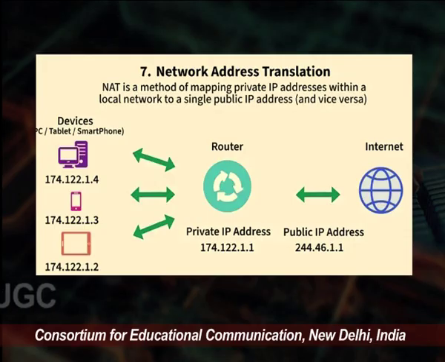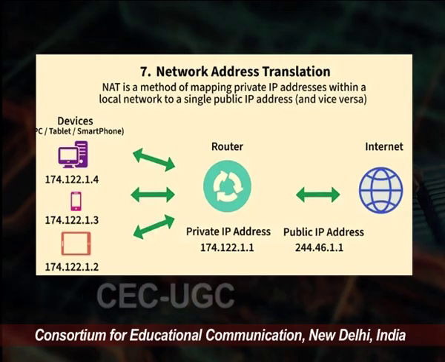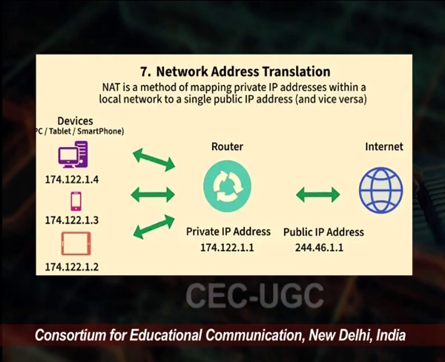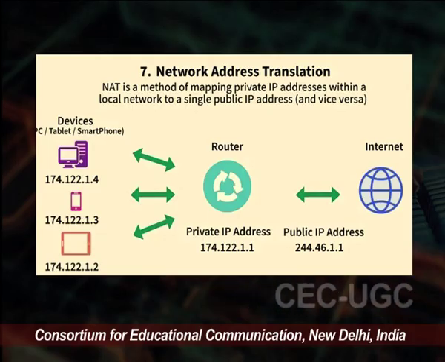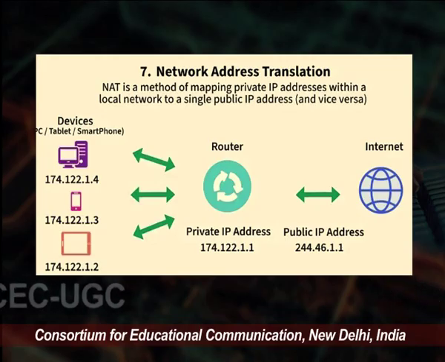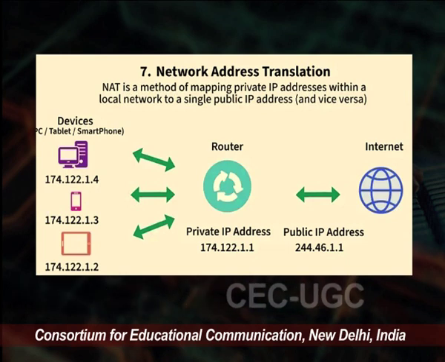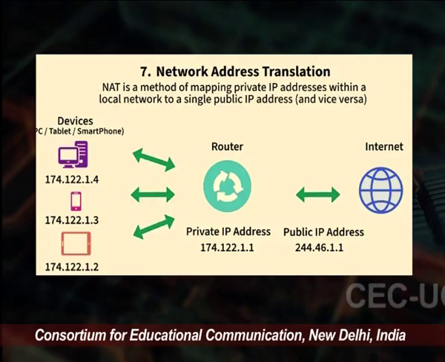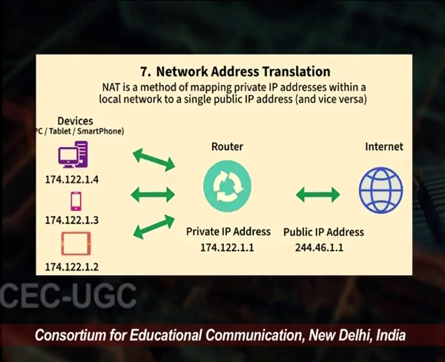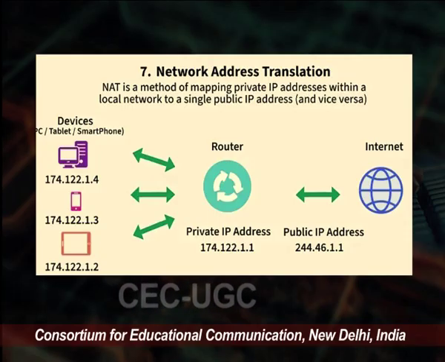And now your outer world is not able to access or see those private IP addresses directly, because your public IP address which is on the display is 244.46.1.1, and this is going to happen for the outbound traffic and for the inbound traffic both.